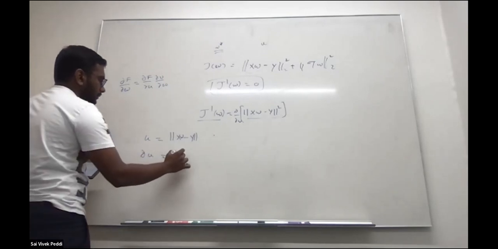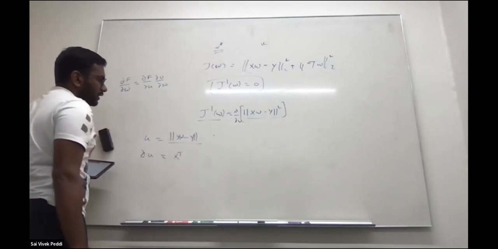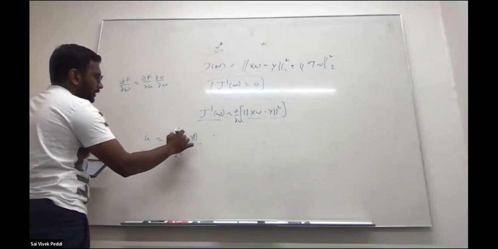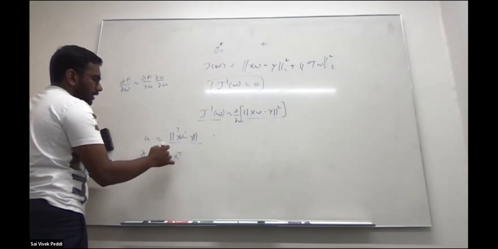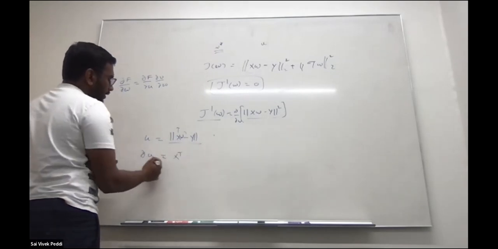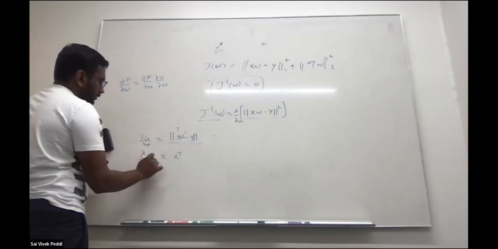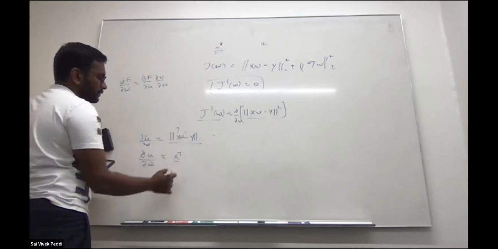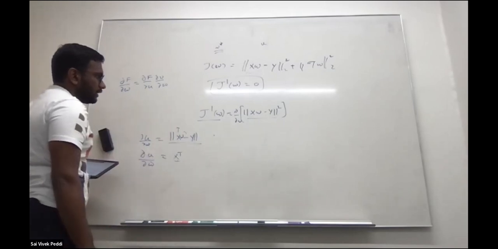It will become x transpose, because when you differentiate this function, the coefficient of w is x, but since it's in vector form, it will come in a diagonal form, and it will essentially be x transpose. So dou u by dou w will become x transpose, right?